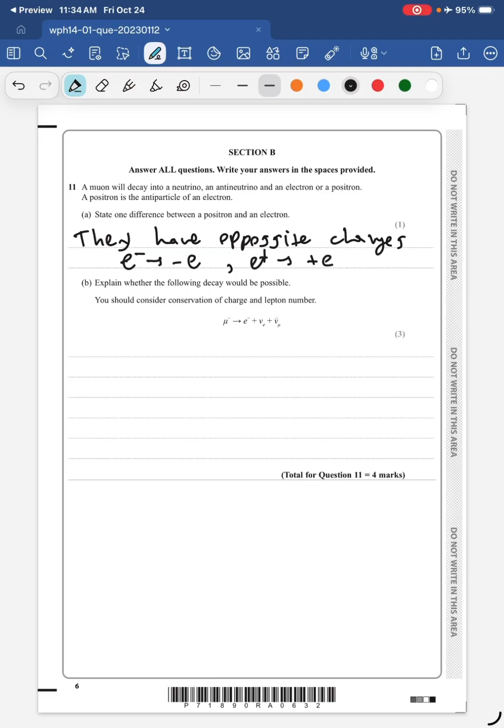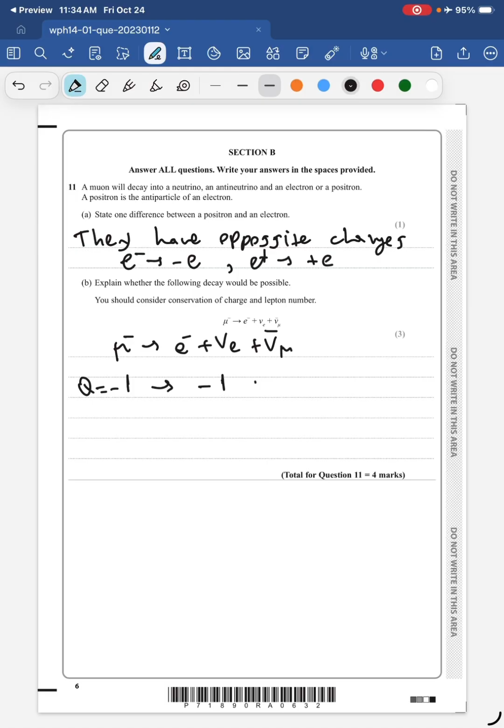Question B. Explain whether the following decay would be possible. You should consider conservation of charge and lepton number. Okay, so we have mu minus, a negative muon, decaying into an electron plus an electron antineutrino plus a muon neutrino. So the charge on the left hand side is -1 and it's -1 on the right hand side.